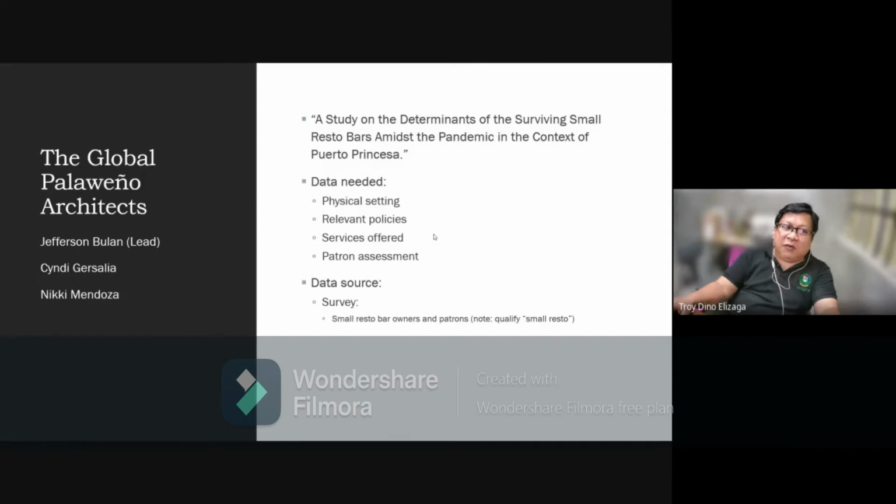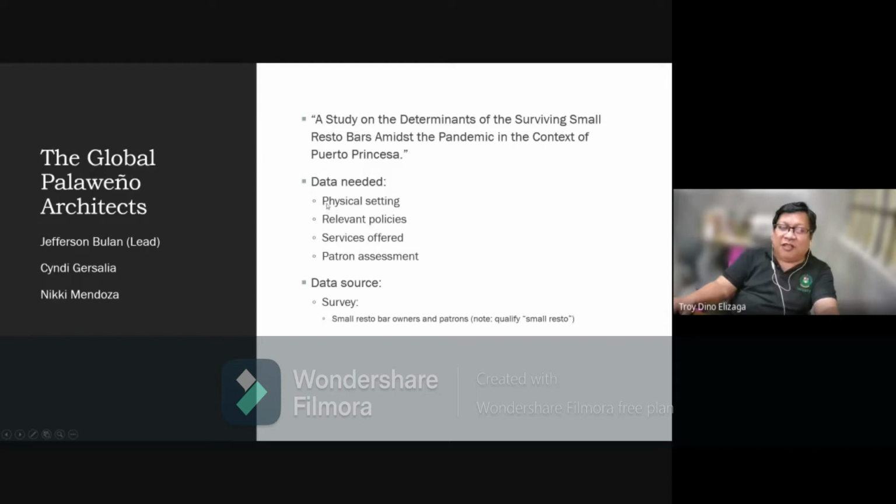For the global Palawenyo architects, you were not able to report last time, so I'm just trying to put my thoughts here. Study on the determinants of the surviving small resto bars amidst the pandemic in the context of Puerto Princesa. So you need to know, of course, the resto bars.